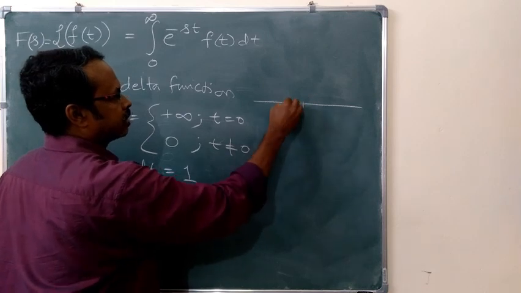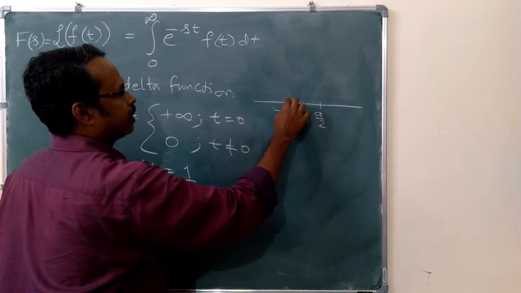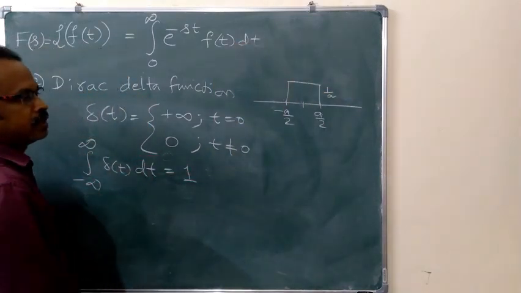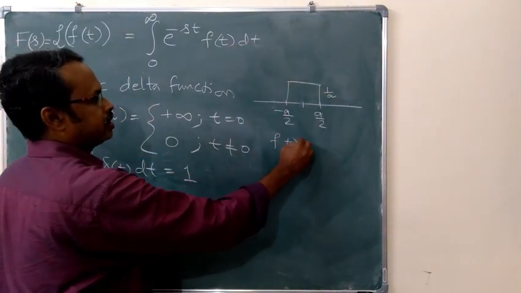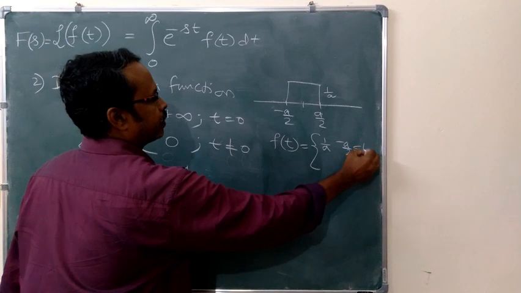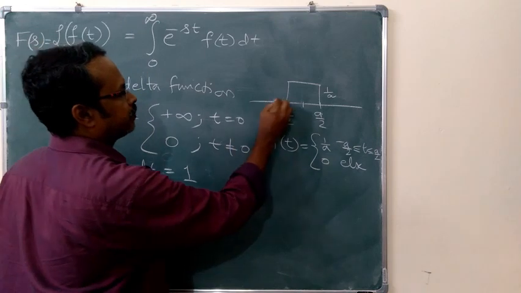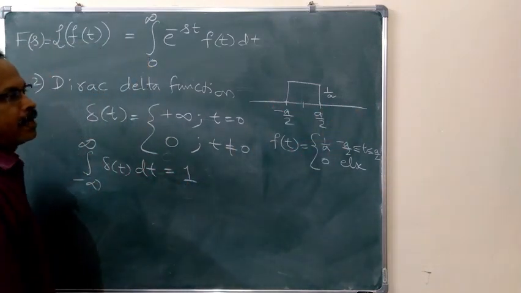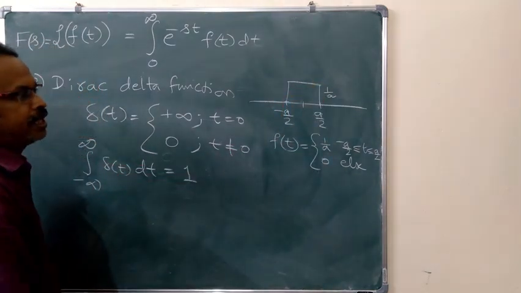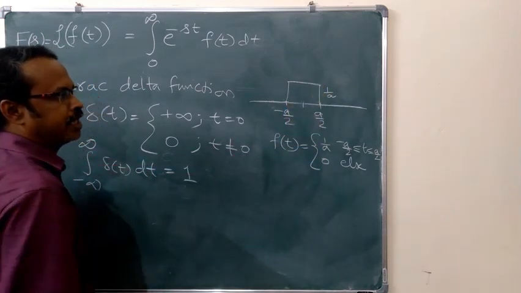So let us consider an approximation of this function. Here is minus a by 2 and here is a by 2. Now consider this function. This height is equal to 1 by a. The function is defined as f of t equal to 1 by a for minus a by 2 less than or equal to t less than or equal to a by 2, and 0 elsewhere. You can see that the area under this curve is a rectangular area whose width is a and height is 1 by a, so the area is equal to 1.